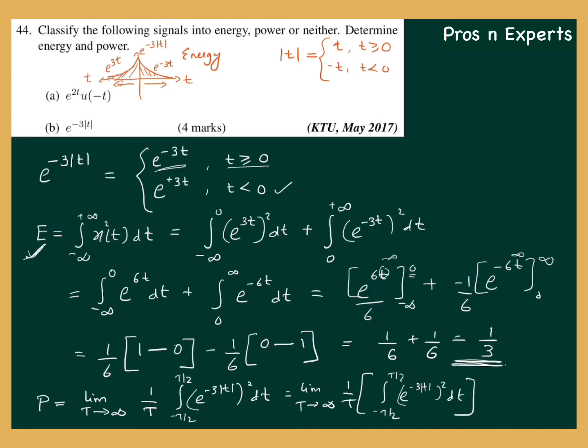Actually, we have to split this integral into two, from minus T by 2 to 0, then 0 to T by 2, but you don't have to do this because it will come as we have encountered in the previous problem.